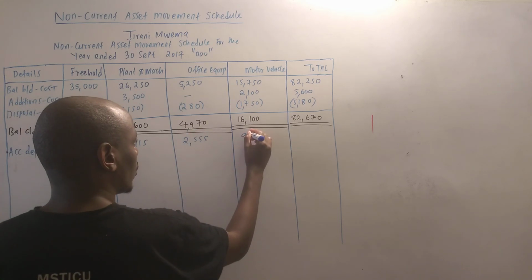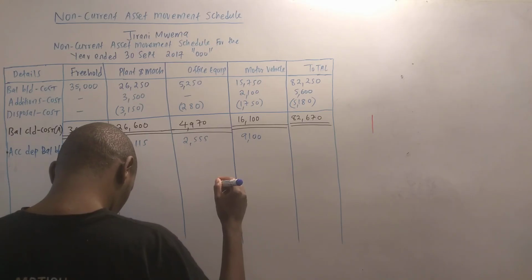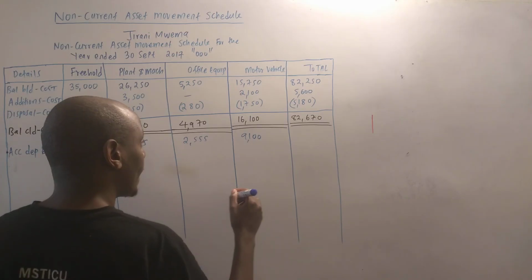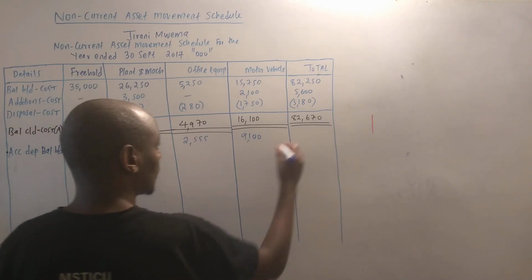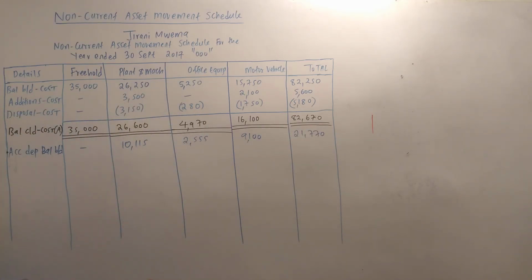Then you have 91,000. Then you find the total. So what will be the total? You add the 3, will be 21,770.